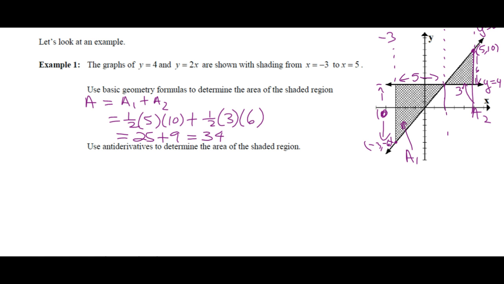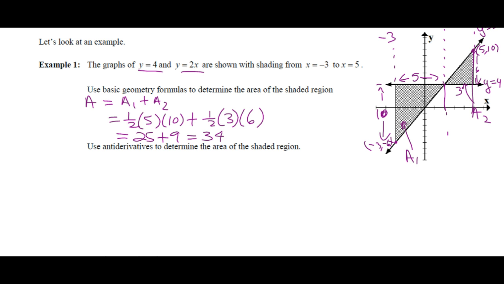So we have two functions, y equals 4, y equals 2x. Now usually the way it's worked out, and a lot of times you'll see it in books done this way, is they'll say, let's take the upper function minus the lower function, right? Because that will always give you a positive area, right? If you take the upper function minus the lower function.